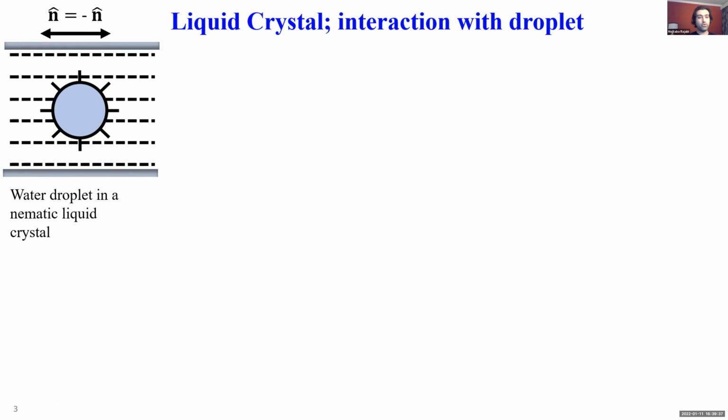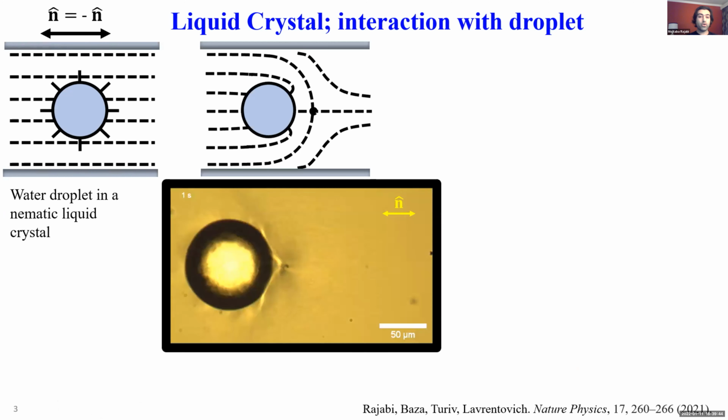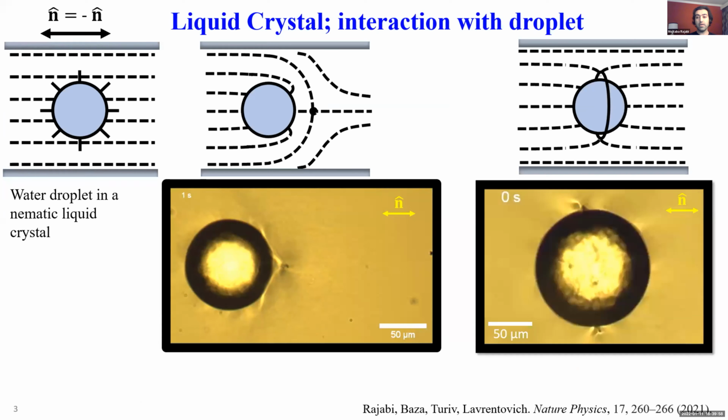The liquid crystal molecules want to stay perpendicular at the interface. The system comes with two solutions to match these two configurations of the director. One is through a so-called hyperbolic hedgehog point defect, as you see here, and the second is referred to as a Saturn ring, as in the second image that you see on the right.